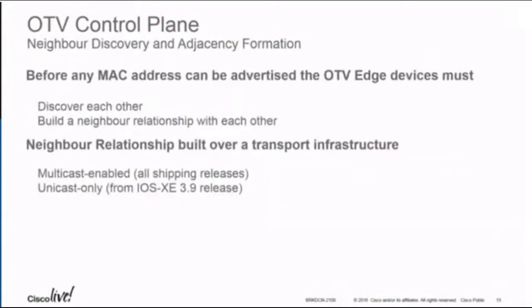Now, before even the MAC address is advertised or we exchange some information, we need to do a neighbor discovery, right? Why would I try to talk to someone who is not even interested to talk back to me? We need to build a neighborship. This neighborship is built via the unicast mode or a multicast mode. Two modes of operations, and that is how the neighbors discover each other.